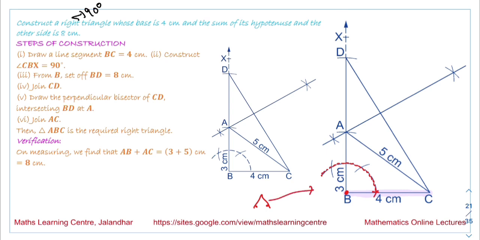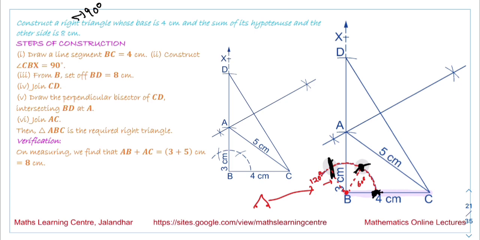Then with the same length of the compass, the tip of the compass at this point, we have marked two more arcs. Then by keeping the compass at this point, we have marked this arc, and by keeping the compass at this point, we have marked this next arc. We are talking about these 2 points. What are these points representing? This is representing an angle of 60 degrees and this is representing an angle of 120 degrees.